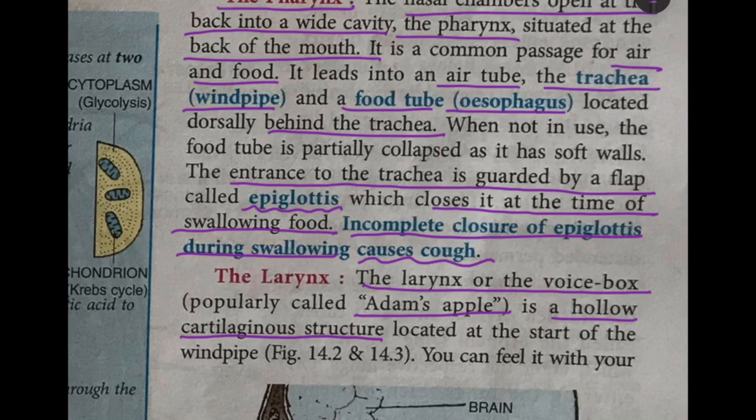You will find it located at the start of the windpipe, just before the windpipe starts. You can place your two fingers right at the center of your throat and swallow. You will feel the larynx move up and down.